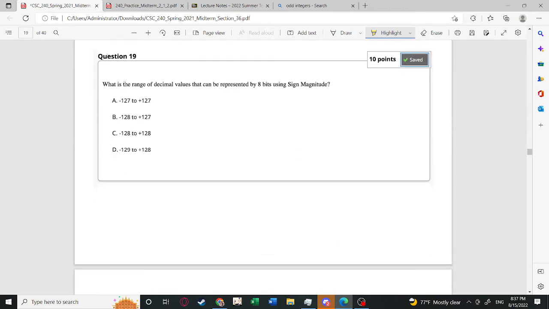19. What is the range of decimal values that can be represented by 8 bits using sign magnitude? Do you remember about this last time? Wait, sign magnitude.